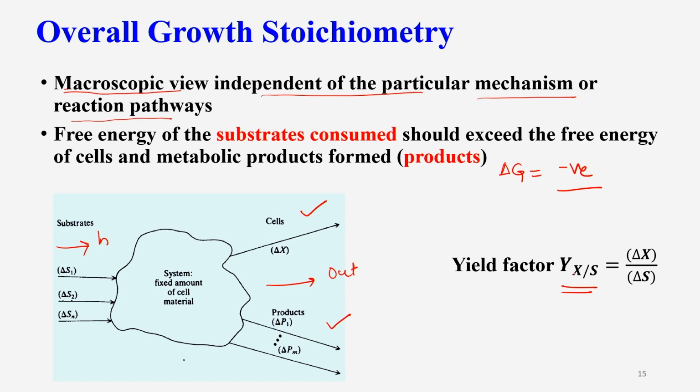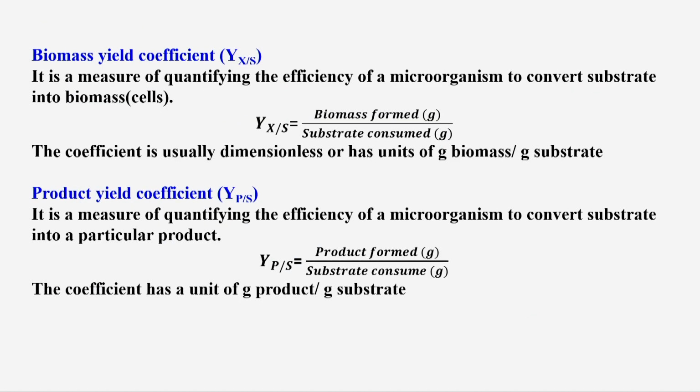So, yield is Y x by S, where x means biomass and S means substrate. How much biomass is synthesized, delta x, will be x out minus x in, divided by delta S, that will be S in minus S out. As we have two different products, one the biomass and the other the product, we should be able to define two different yield coefficients here.